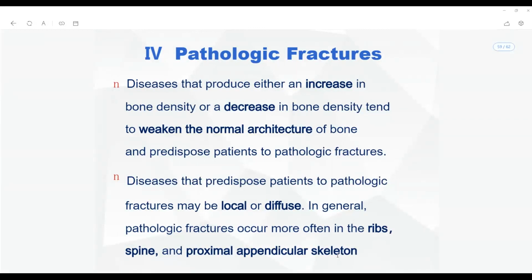So all the proximal appendicular skeleton, for example the humerus, the femur, the upper end of the tibia, or proximal ends of the vertebrae, are called the proximal appendicular skeleton. So they are seen in ribs, spine, and proximal appendicular skeleton.